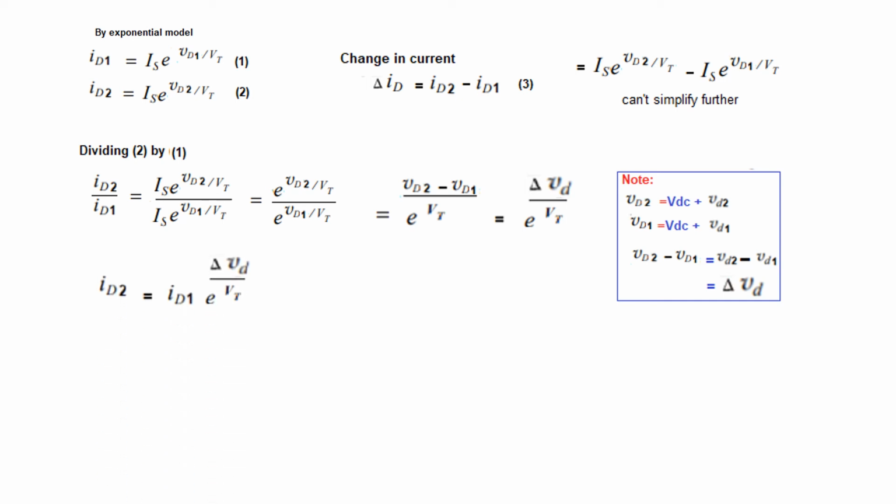Okay, so from here now we can write ID2 is equal to ID1 goes on the right hand side, so we get this equation. And now we plug in this ID2 in the given equation here to get delta ID. So delta ID is ID2 minus ID1, plugging in the value of ID2. And now we take ID1 common from here, so we get this term.